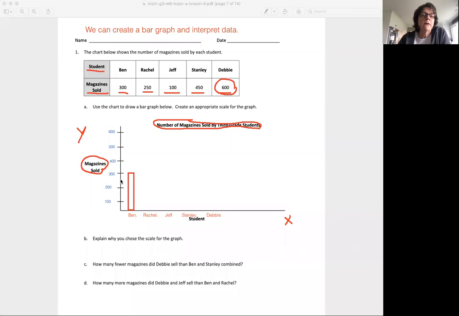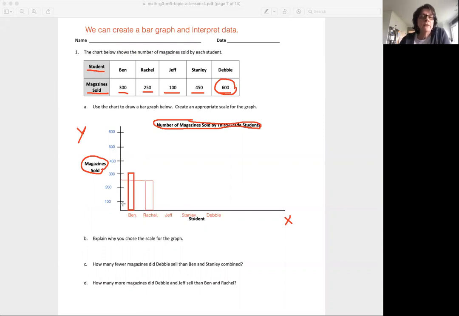It's going to be right about here. I'm going to trace that over, and that's about where I want to make Rachel's bar go up to. You notice I used the scale in order to do that. Rachel sold 250, so I'm going to go ahead and make my bar for that. Now I got a skinnier bar too, but that's okay.